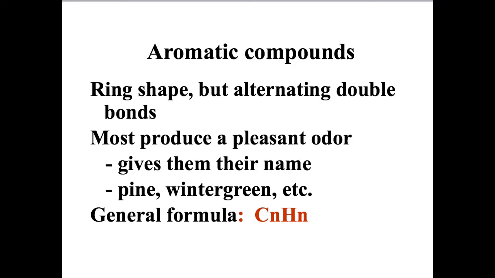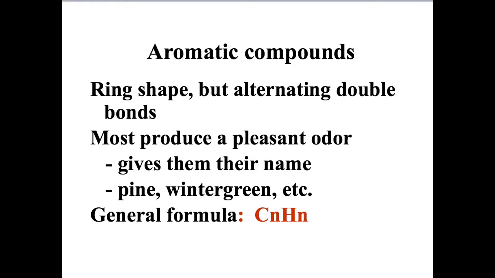Okay, moving on to some more builder molecules. These are called aromatics. Aromatics are a ring, so they're a cyclo. But what's different here is that we're going to add a double bond. And so the double bond is going to rotate, alternate around the ring. Most of these are what we use to create smells or flavors in foods.